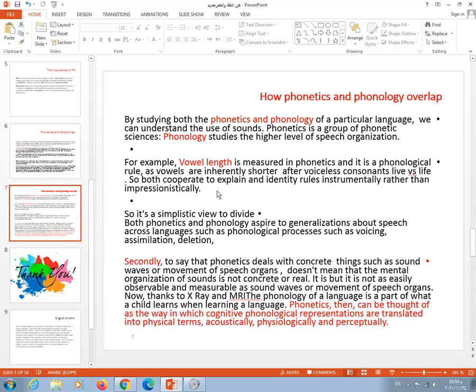And phonetics interacts because it gives us evidence that this is true by measuring the vowel lengths in milliseconds. Phonetics gives substantiating evidence for what phonology says.